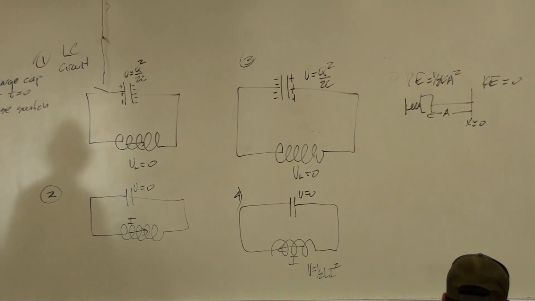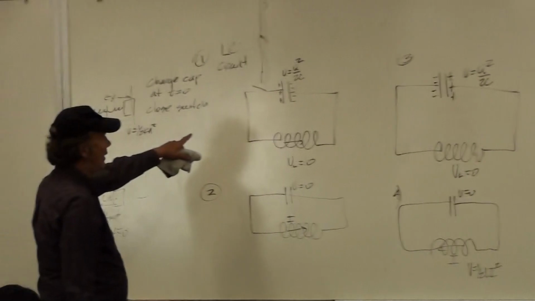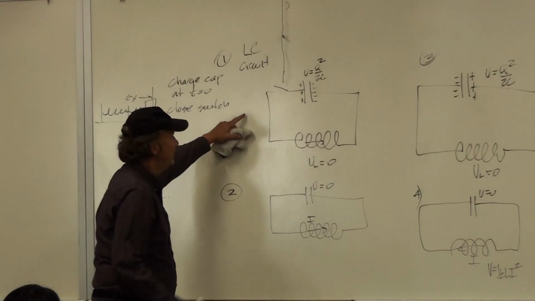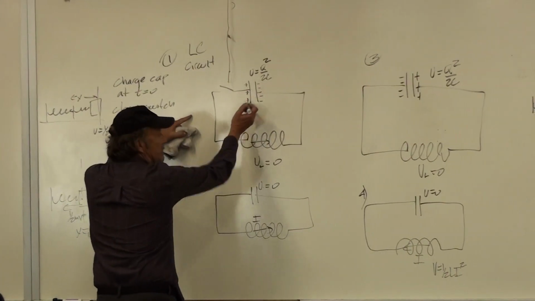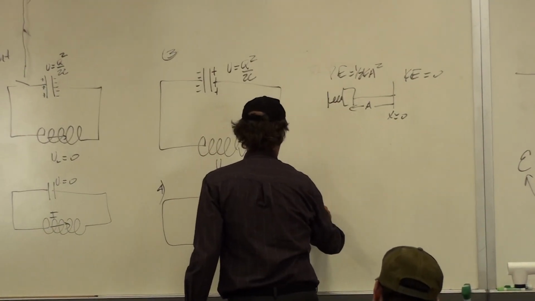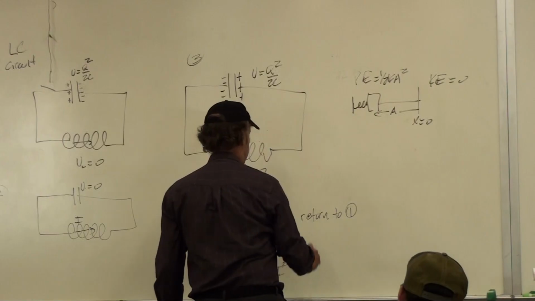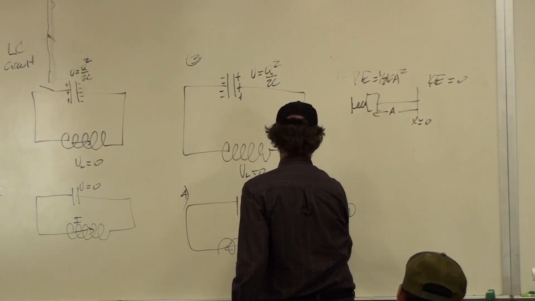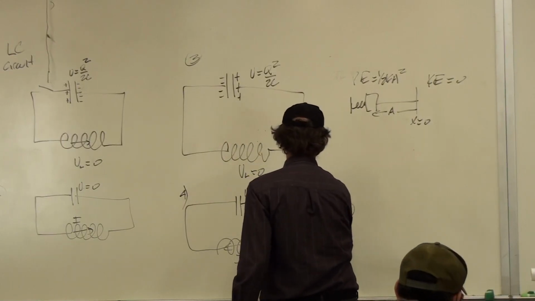Until finally, then, we go from 4 back to 1. And so here, this drives it until we get to this point, and we return to 1. And we complete the cycle. And then we continue the cycle.